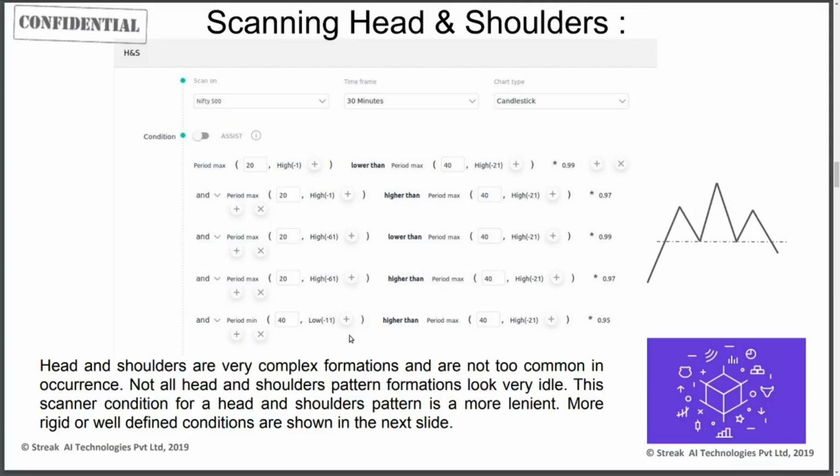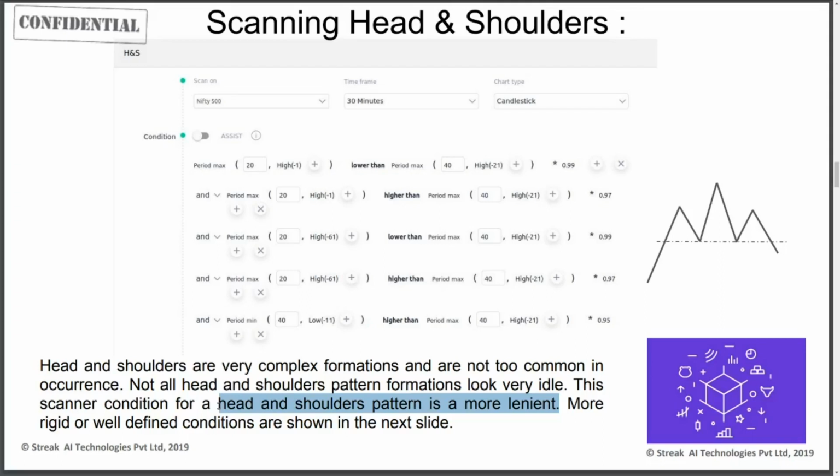Now keep in mind, as I mentioned, it is a complex pattern and doesn't occur too much in its ideal form. And to avoid that, we have first this scanner, a more lenient, you can say forgiving version of head and shoulders pattern, where it will be able to scan for those head and shoulders which are not that sharp, that ideal form, but they basically show some kind of head and shoulder resemblance.